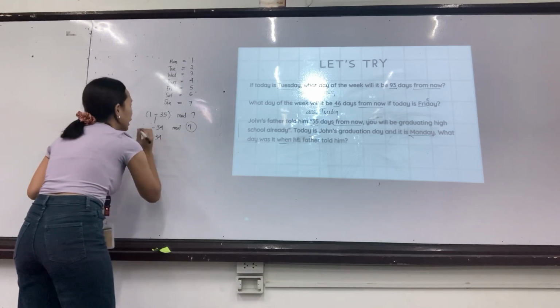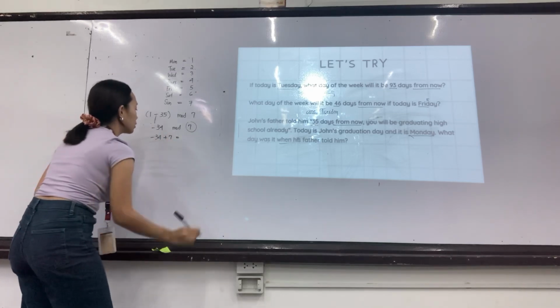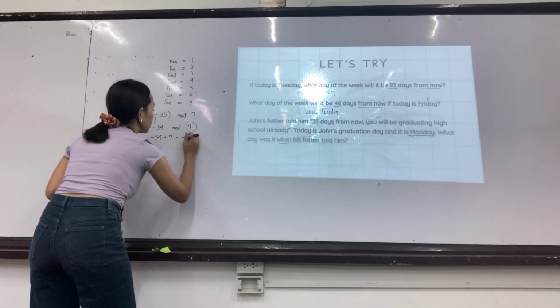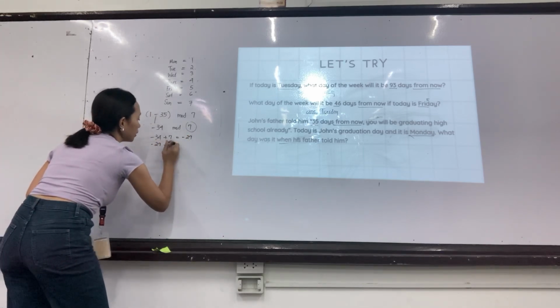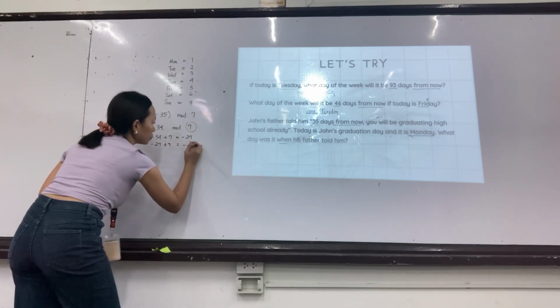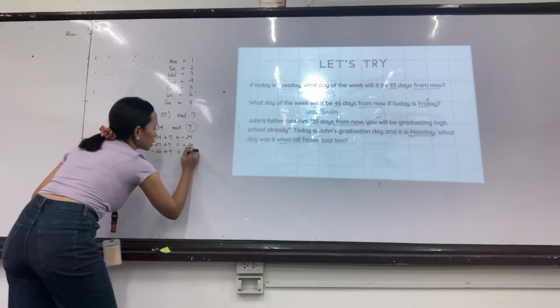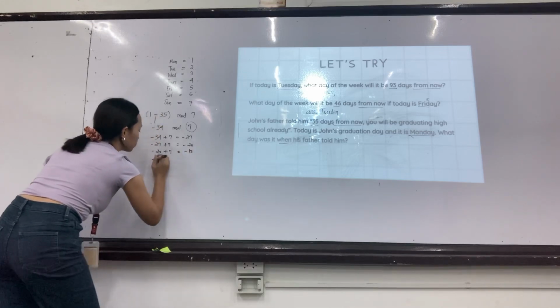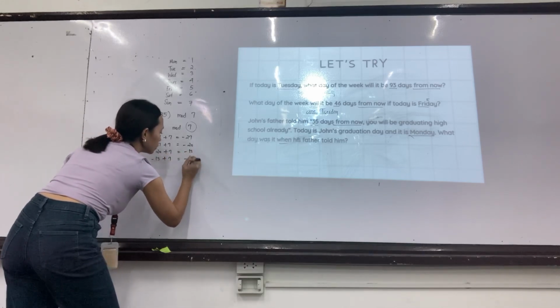Negative 34 plus 7 is equal to negative 27. Negative 27 plus 7 is equal to negative 20. Negative 20 plus 7 is equal to negative 13. Negative 13 plus 7 is equal to negative 6.